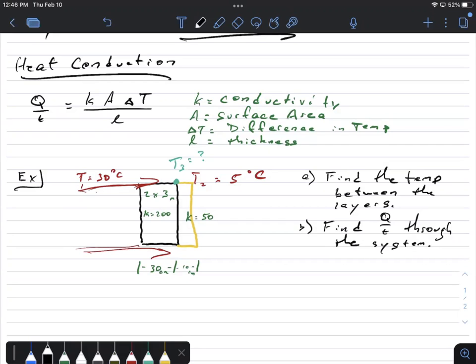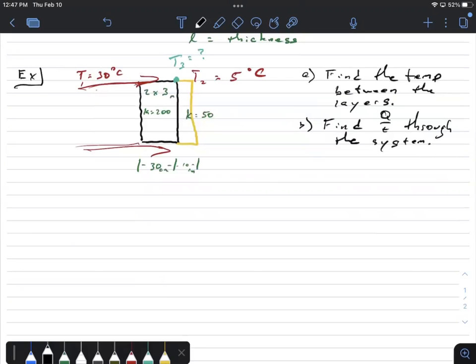Now, for this type of problem, we need to think a little bit because it's not quite straightforward how to handle it. If all I had was the first material, then that's very easy. The heat transfer rate through the first material, Q over t, is K1, A1, delta T1 over L1, right?